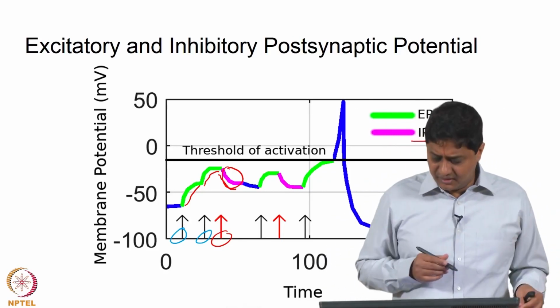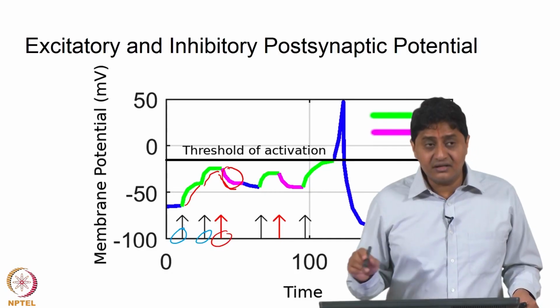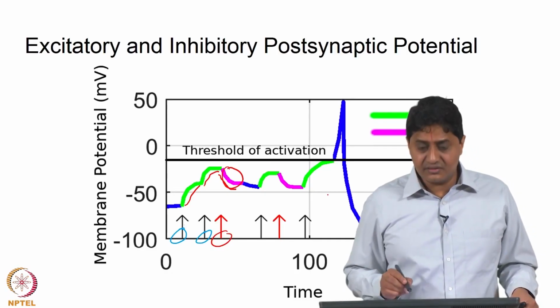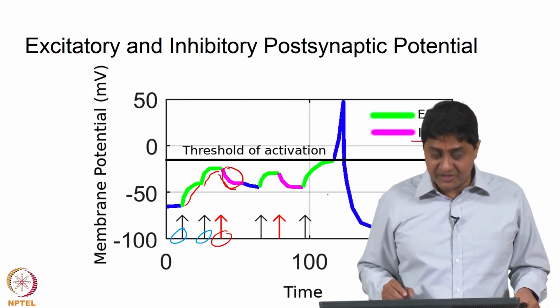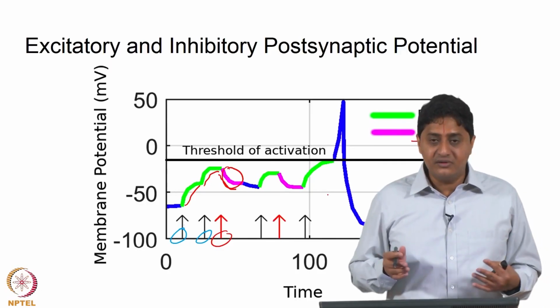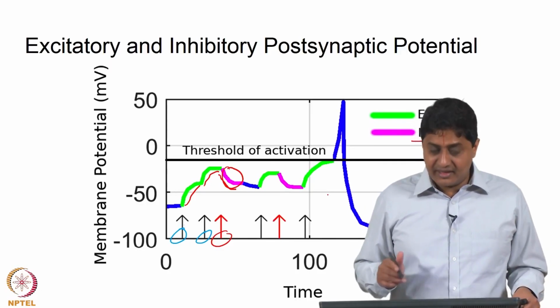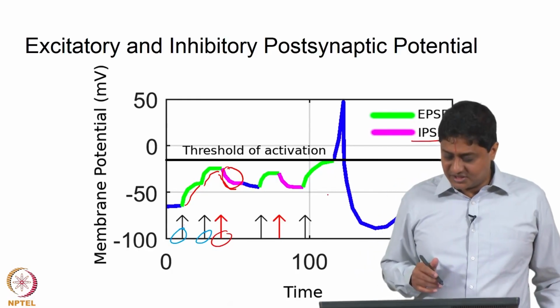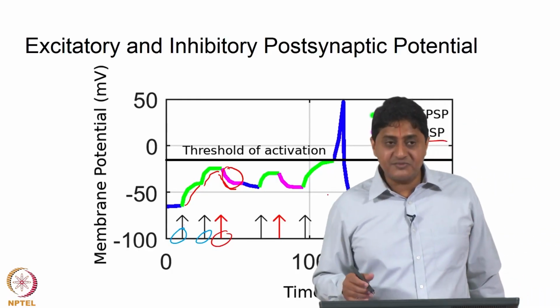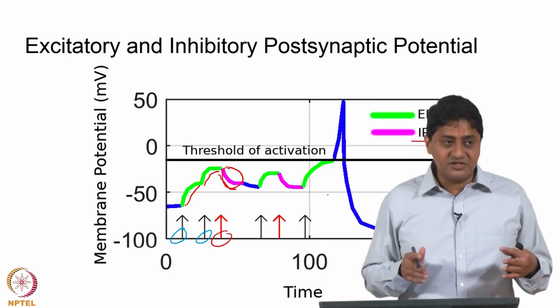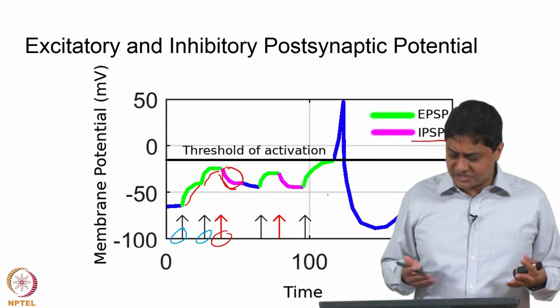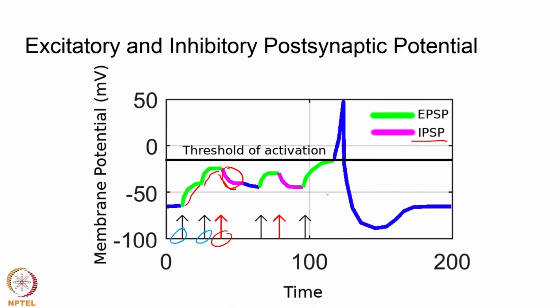Several EPSPs could combine together in time to cause an action potential, or in space to cause an action potential, or several IPSPs could combine together in time and space to prevent an action potential. Okay. So, there could be spatial and temporal summation, and that is applicable for both EPSPs and IPSPs equally.